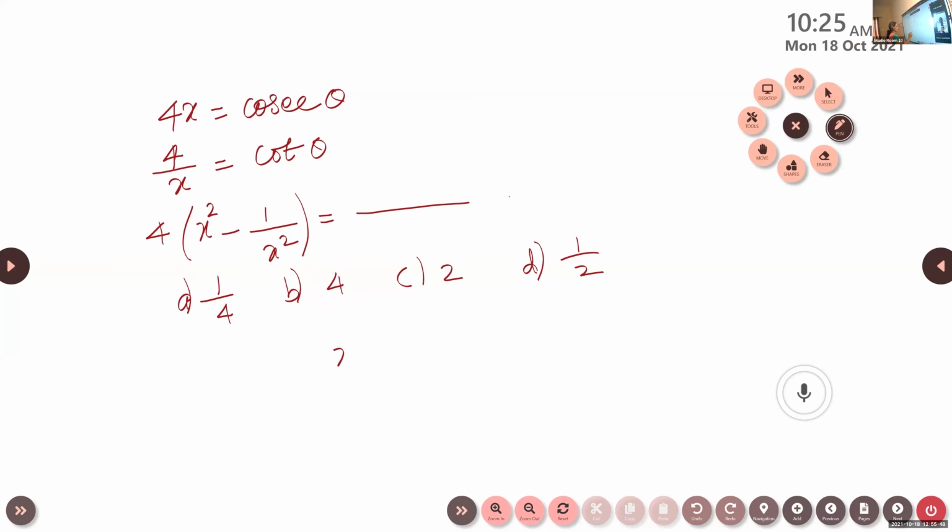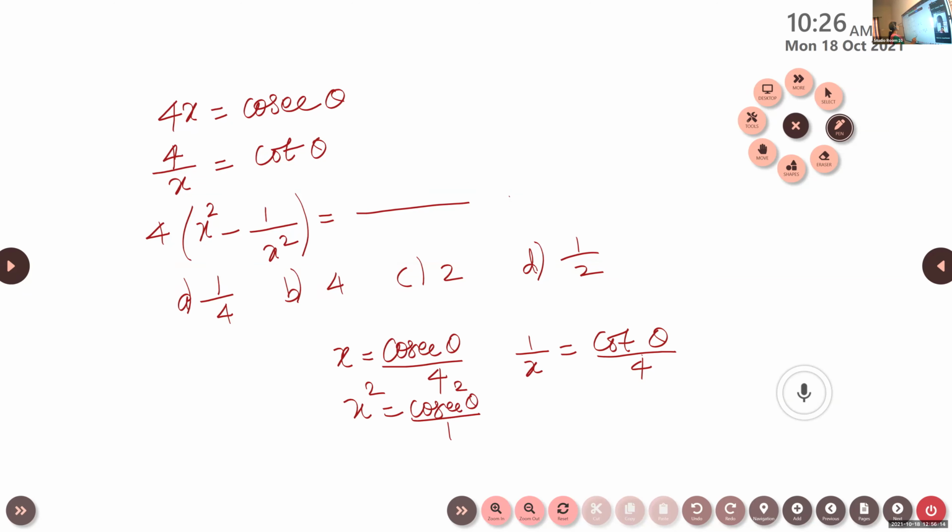Yes, x is cosec theta by 4 and 1 by x is cot theta by 4. Is it correct? Yes, ma'am. So therefore, what happens to x square? It will become cosec square theta by 16.